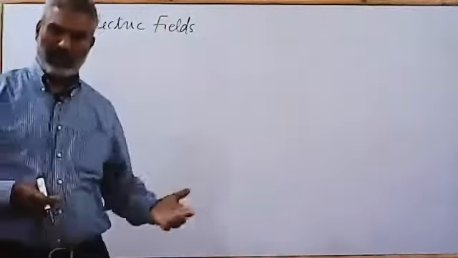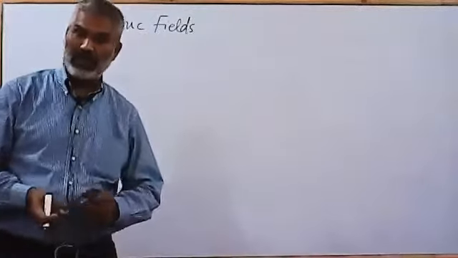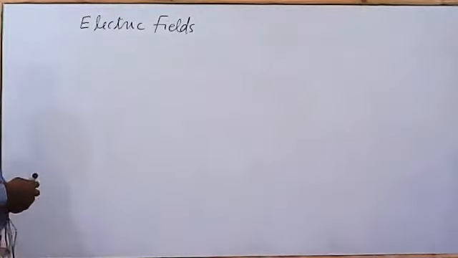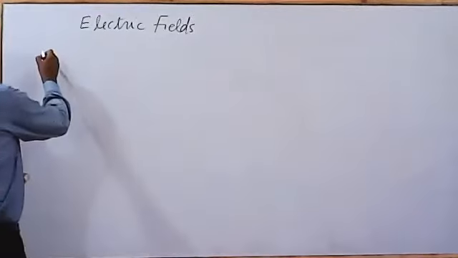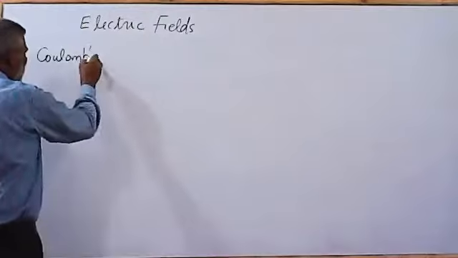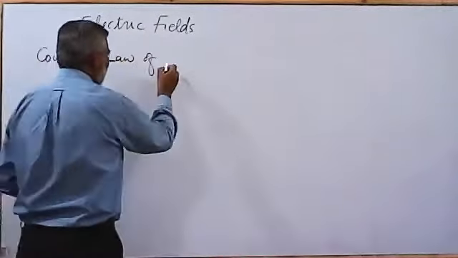And of course, there are many useful concepts related to the charges, the fields, and the interaction between them that will follow. So the first thing that we are going to discuss today is Coulomb's law of electrostatics.